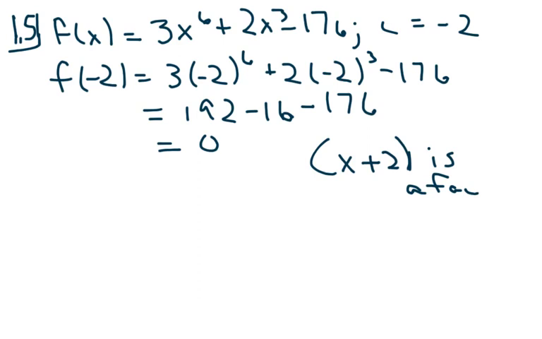Now, the instructions say if it's a factor, I have to find all the other factors. So what I'm going to use is synthetic division. The fact that I already have my c makes this easy.